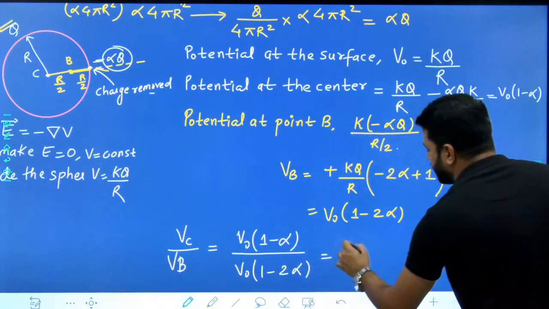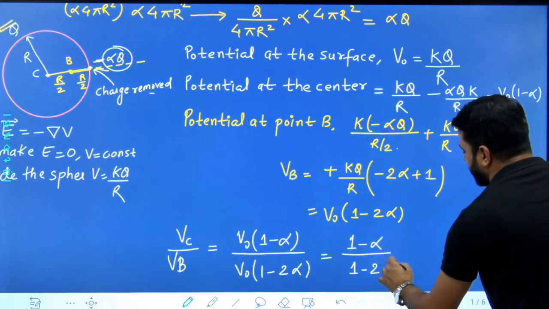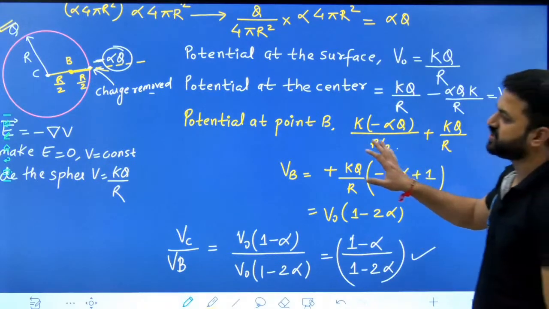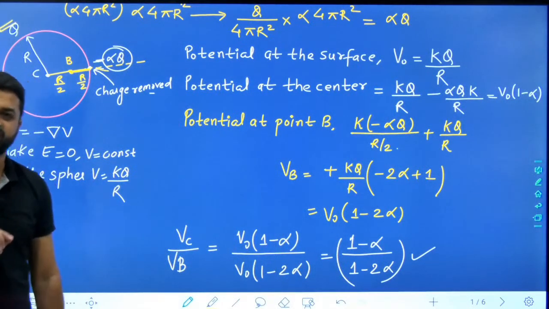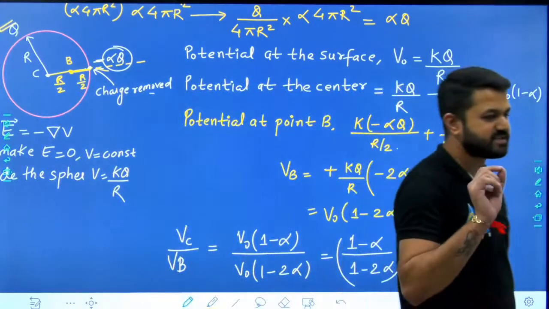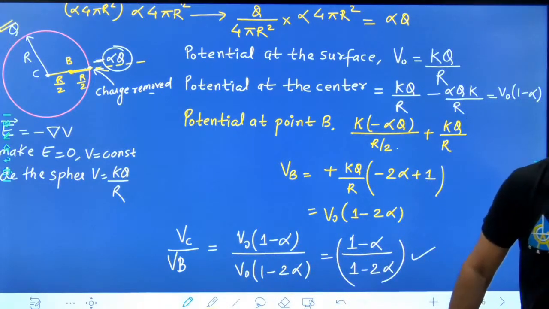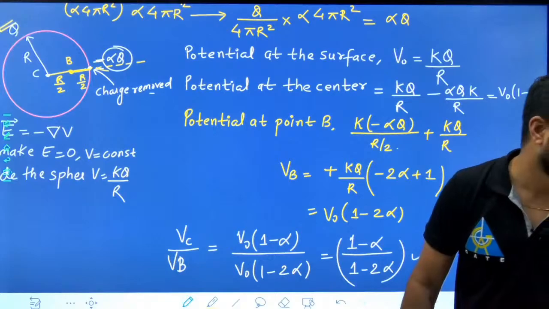So this V naught will get cancelled, and we will get 1 minus alpha divided by 1 minus 2 alpha. So this is the ratio of the potential at two different points, one at the center and another at distance r by 2. So we have this particular part correct. So why is alpha q at distance r by 2?